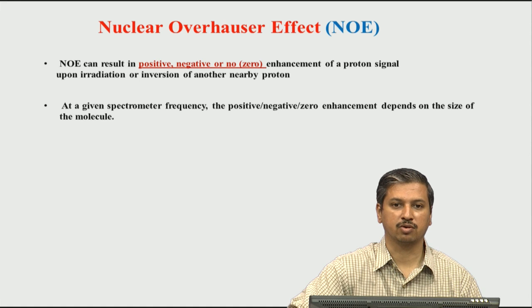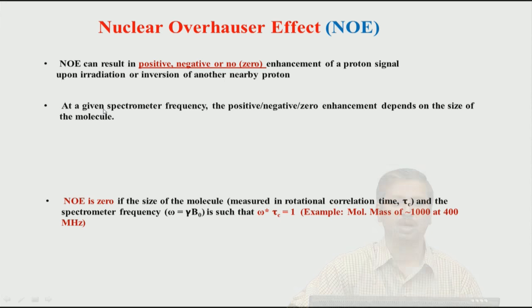They are undergoing rotation, vibration and translation, and we use the word tumbling for rotation; rotational diffusion is the more technically correct word. So, rotation or tumbling of the molecule is characterized by a parameter known as rotational correlation time, in short tau c.